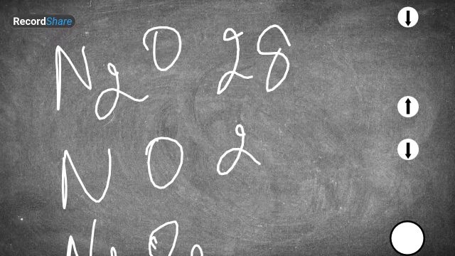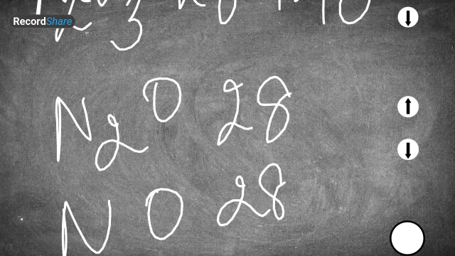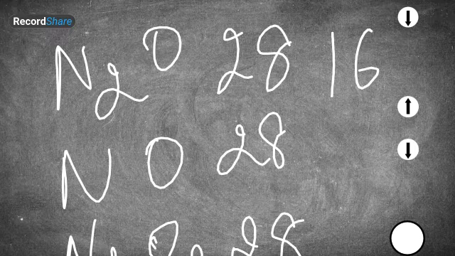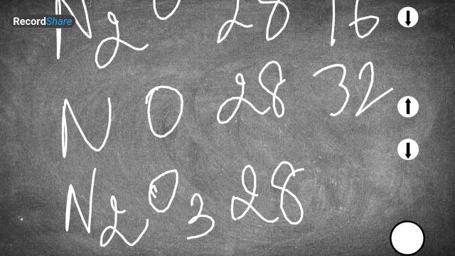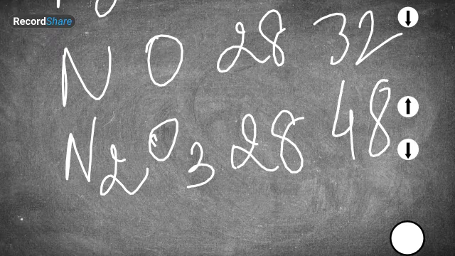In all cases, we fix it to 28. Here we will get 16 weight of oxygen. Here we will get double, because we have doubled both of them, 32. Here we will get 48 only, because we already have 2.